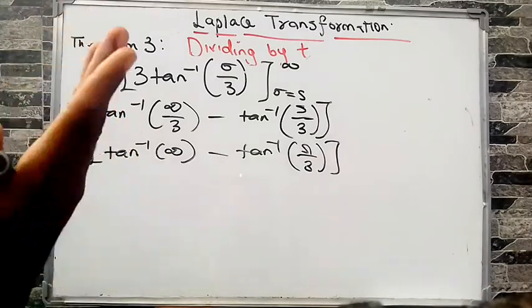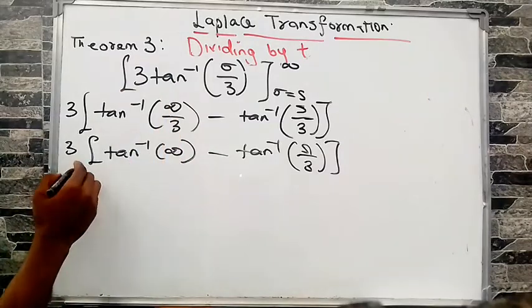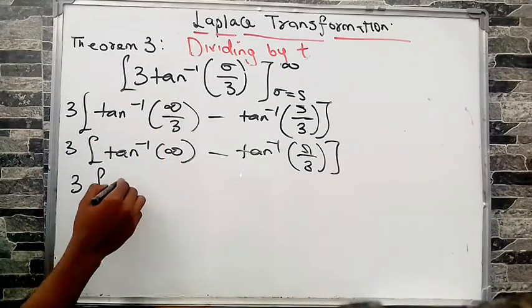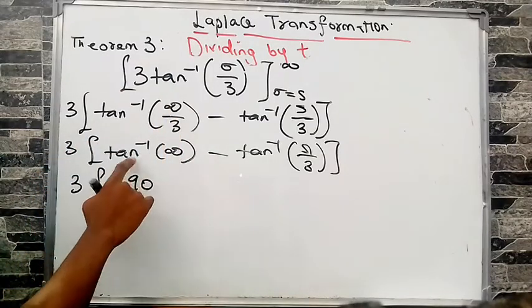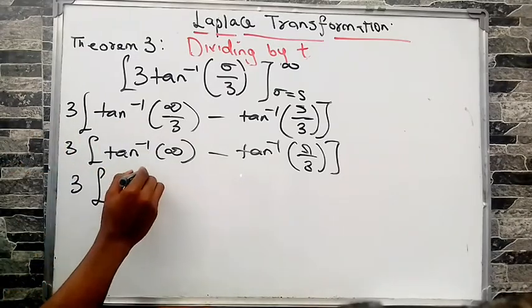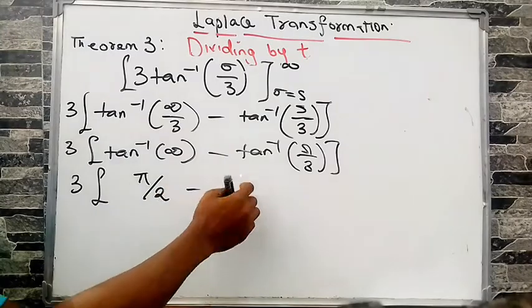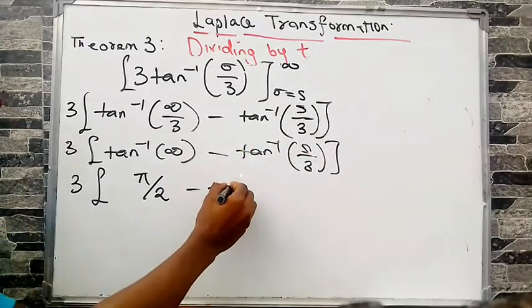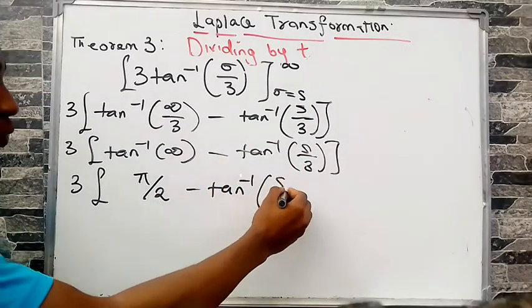But 90 degrees in radian form is what? Pi over 2. So this is 3 open bracket 90 degrees, which in radian form is pi over 2, minus tan inverse of s over 3.